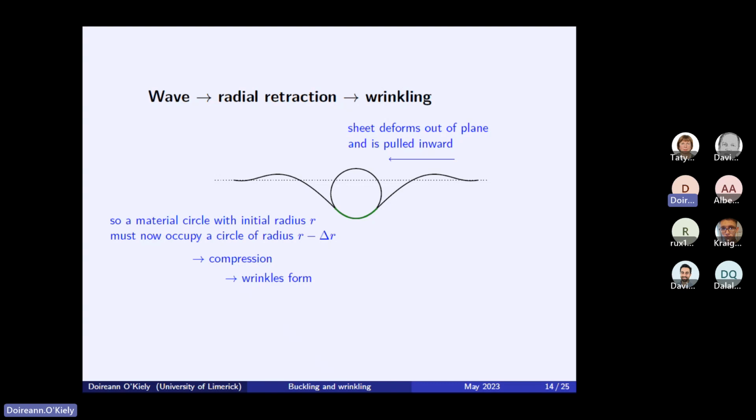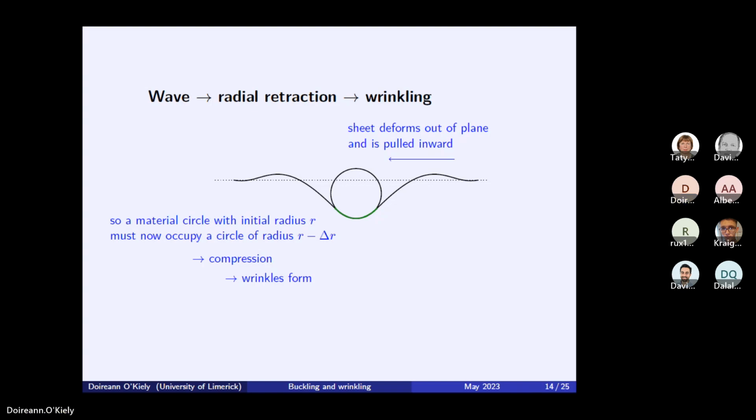So you have compression and wrinkles form. I have a small parameter associated with the fact that the sheet is very thin and has a very small bending stiffness. What we looked at with that similarity solution is the leading order behavior, and the wrinkles appear as a higher order correction to that. So they're on a smaller length scale, but they also have a much smaller amplitude.